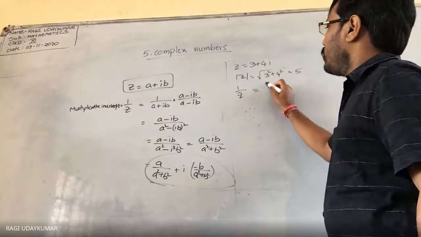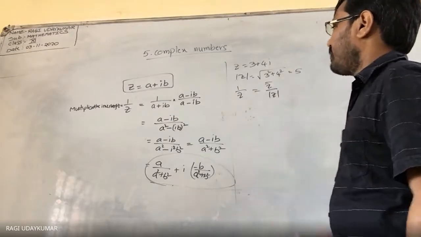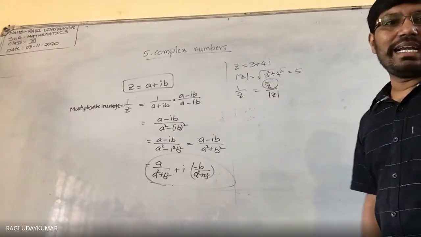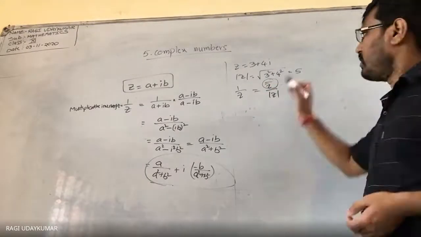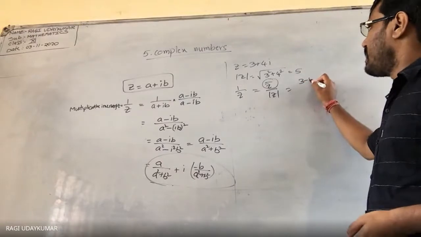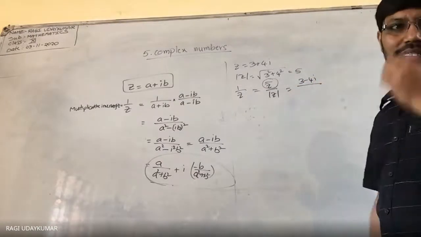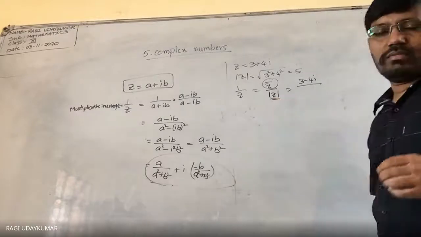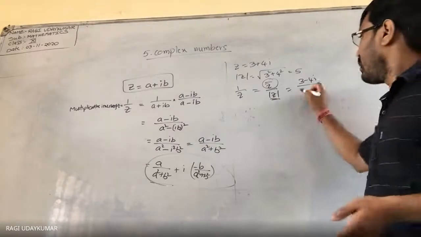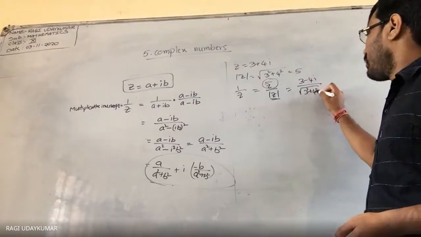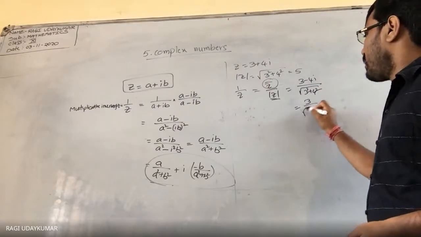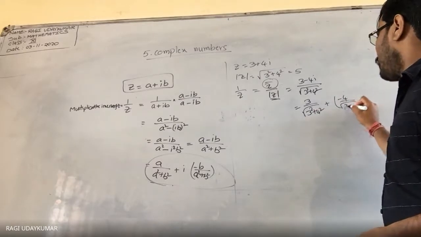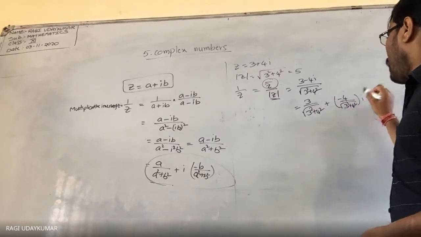What is its conjugate? 1 by z can be written like this, where z bar is nothing but the conjugate. The conjugate of this complex number is 3 minus 4i, and the modulus is under root of 3 square plus 4 square. So you get 3 by under root of 3 square plus 4 square plus minus 4 by under root of 3 square plus 4 square into i.